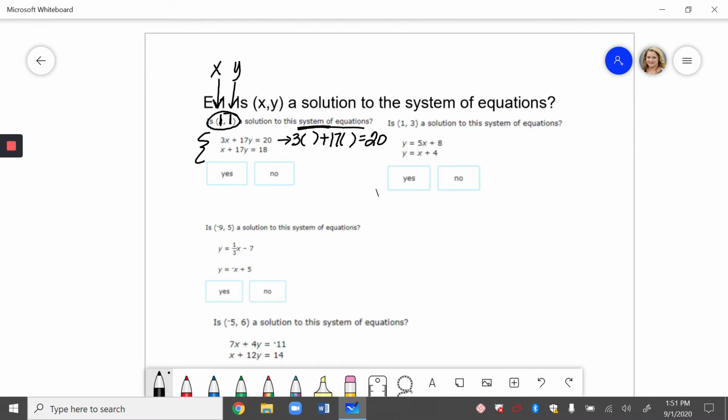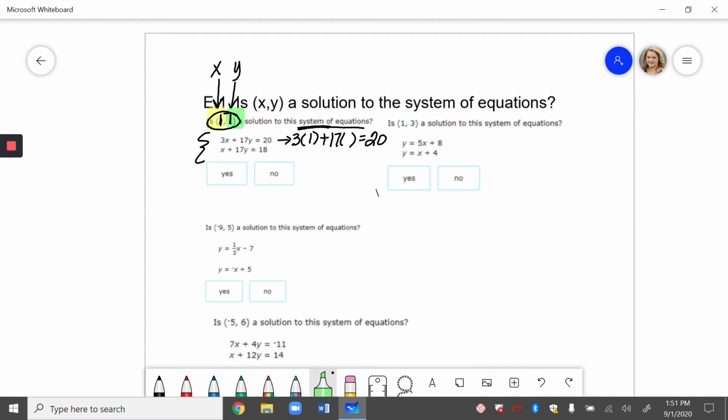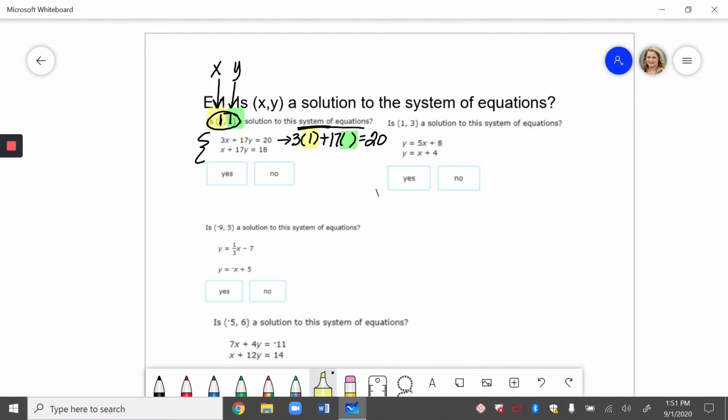Well, what are we going to put in for X? 1, because it's 1. And what are we going to put in for Y? 1. Let's do this real quick. Especially since they're the same number, we're going to put 1 in.